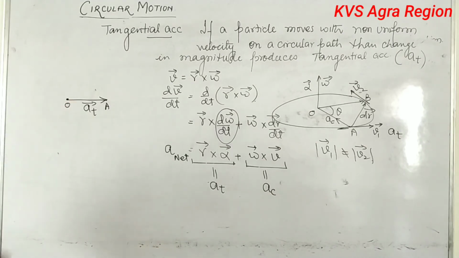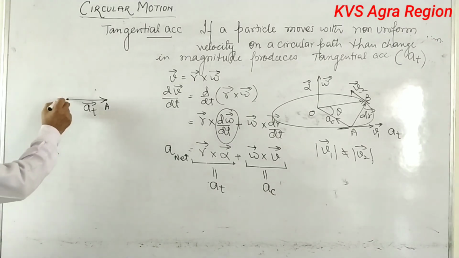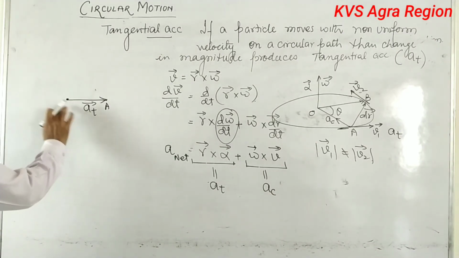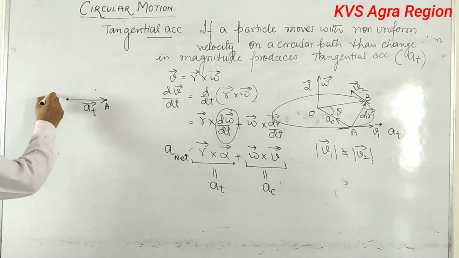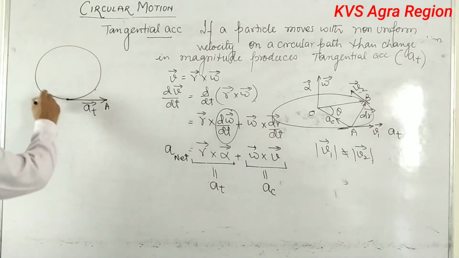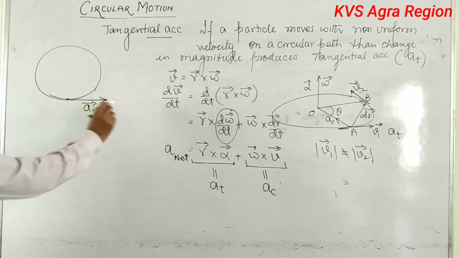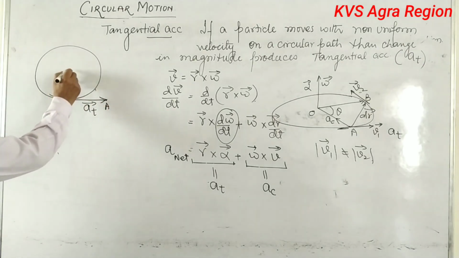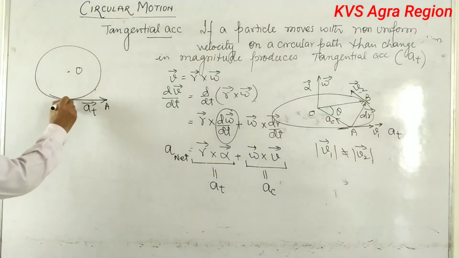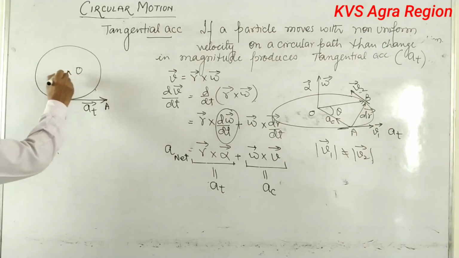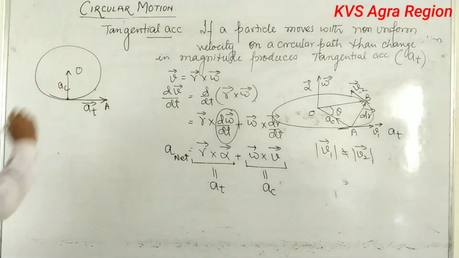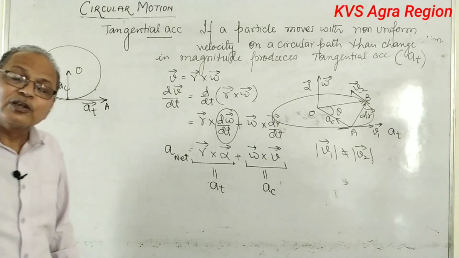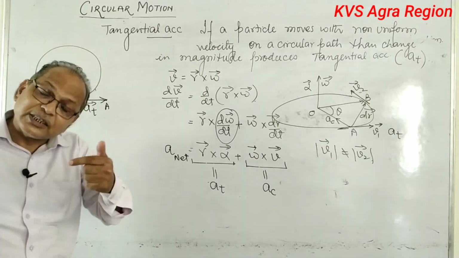And tangential vector means object is moving in which direction? Object is moving like this. This is the tangential vector. This is O. What is AC? This is AC, centripetal acceleration, which is along the direction of the center.